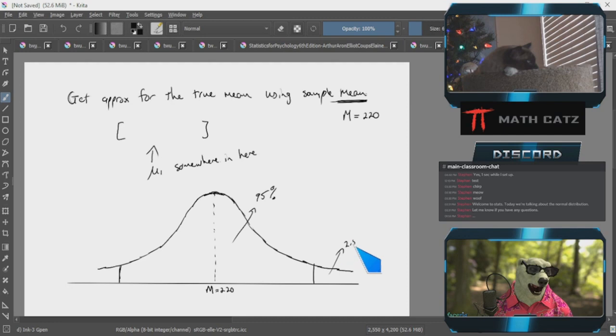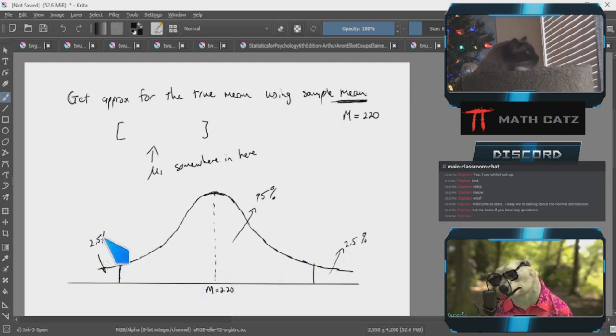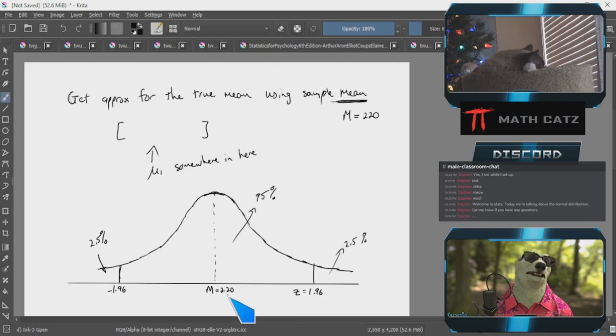So then, of course, this is 2.5%, 2.5%, and we saw last time that corresponded to a z-score of 1.96. And of course, then this is negative 1.96. So yes, I'm mixing the scores with z-scores, but that's okay. Let's say here z over there. Okay, so let's at least catch as many as is reasonable.